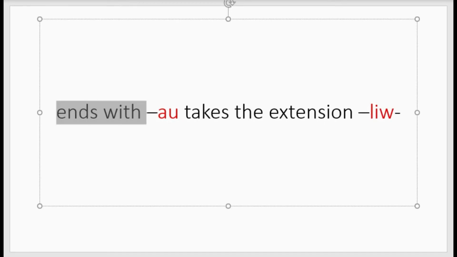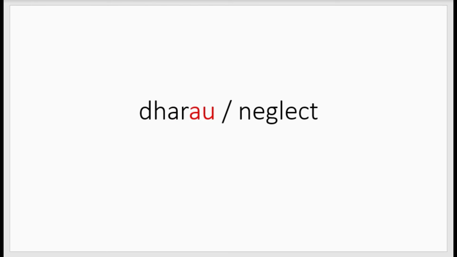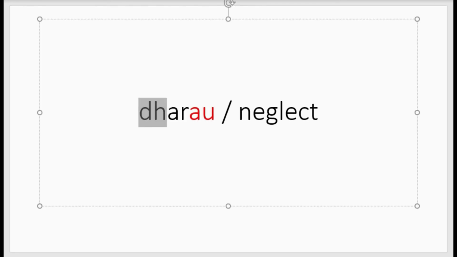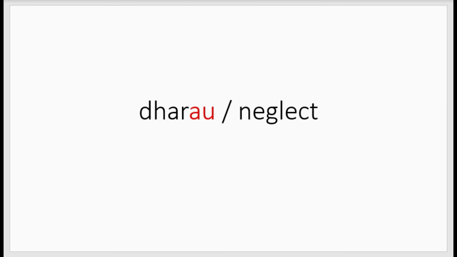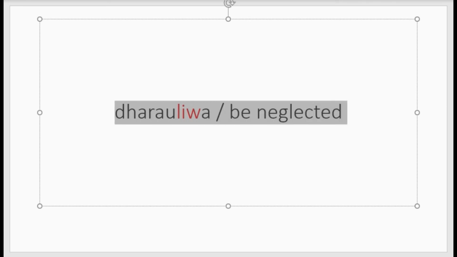If the verb ends with au, it takes the extension liwa. Example, dharau, which means neglect. Dharauliwa, which means be neglected.